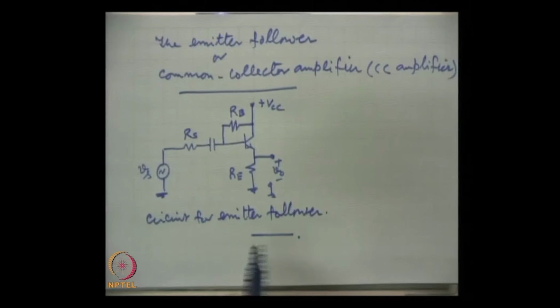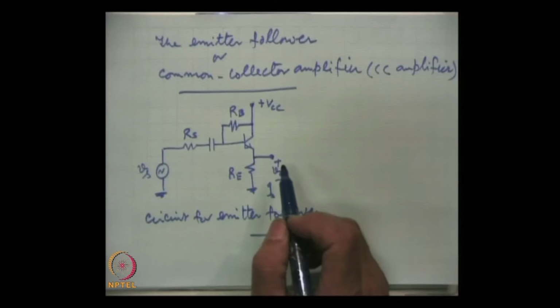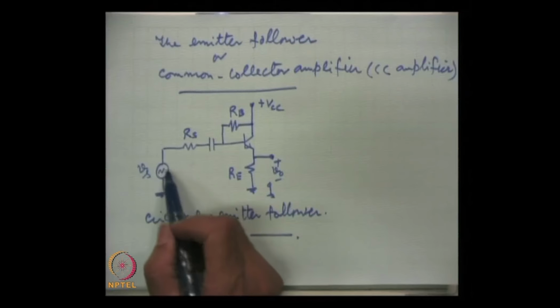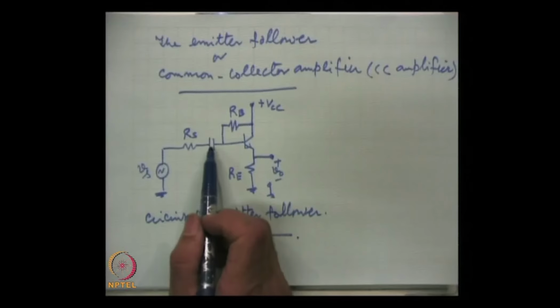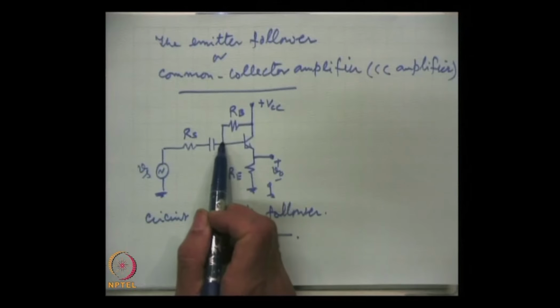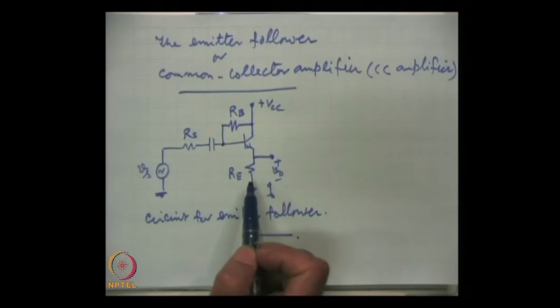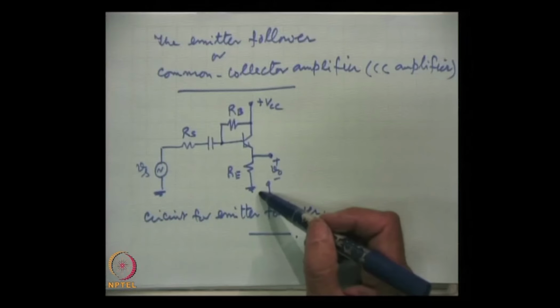Now, here one thing is very striking. In the emitter follower, the input signal is fed and coupled to the base, and the output is taken from the emitter.